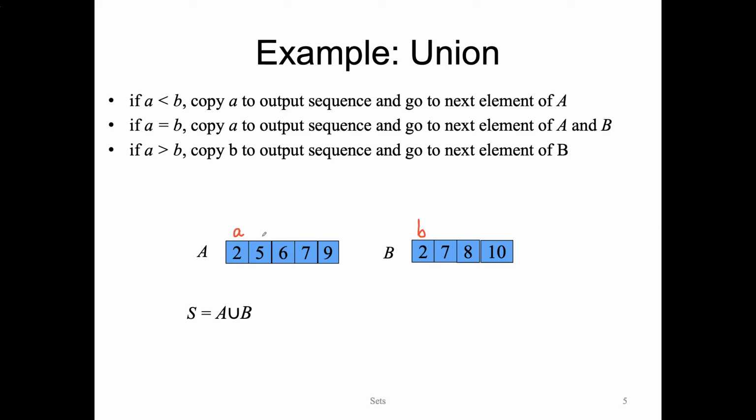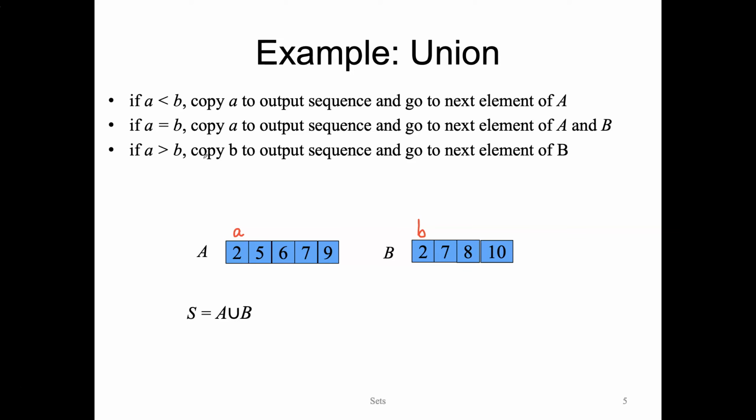With union, we want our resulting sequence to include anything which is in either A or in B. So whichever one is smaller, whether it's from list A or list B, we're going to include it in our sequence. We copy that item, put it in our sequence, and then remove it from list A or B, going to the next element.